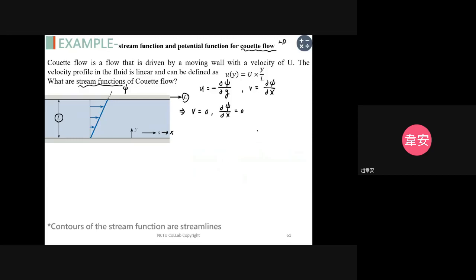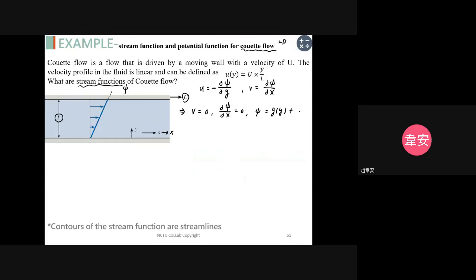That means the stream function ψ, if we process the integration, is equal to a function of y only, because if ψ only depends on y, the derivative with respect to x is equal to 0.